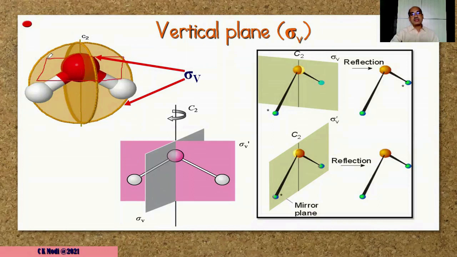So when would it be perpendicular? If we pass this mirror plane in such a way that it is perpendicular to the rotation axis, here sigma H is absent because we are not getting the mirror image. If we could put the plane in such a way that we get the mirror image, but it is not possible here, and therefore we are not getting the mirror image. Therefore, sigma H is absent.